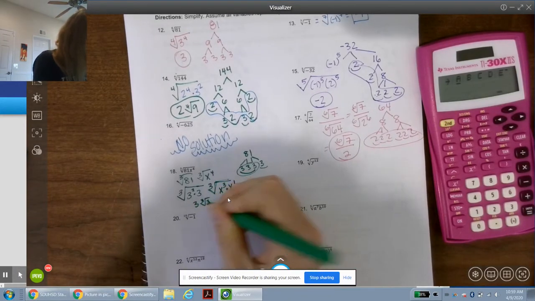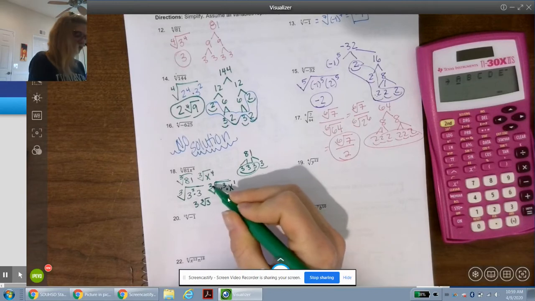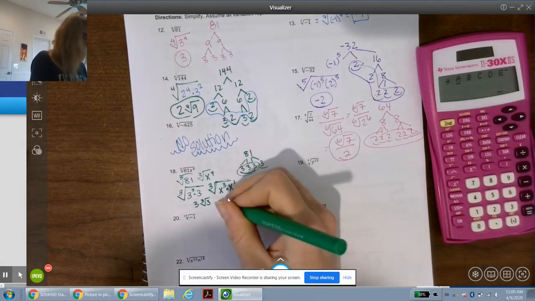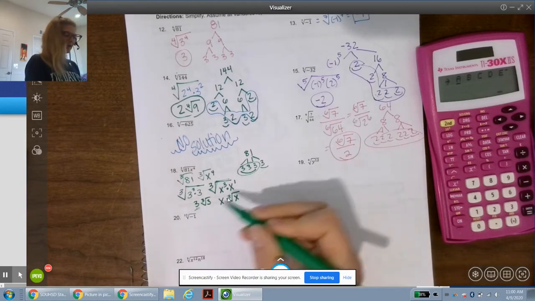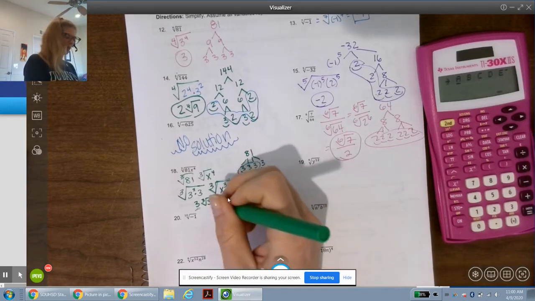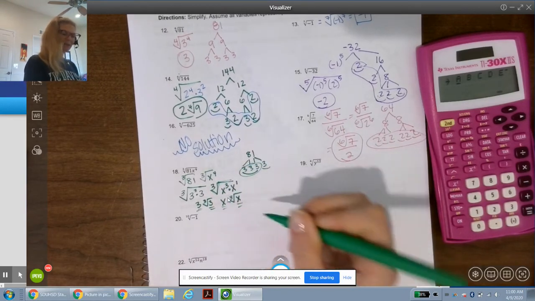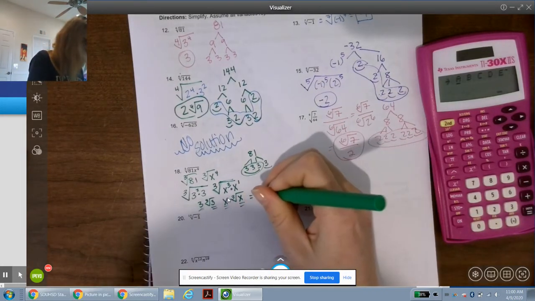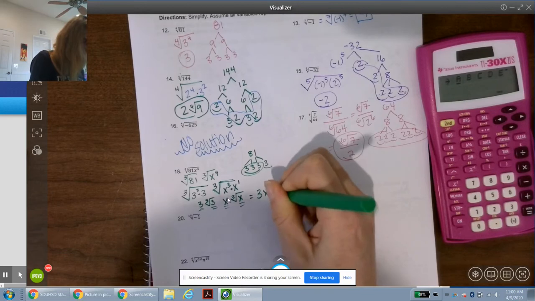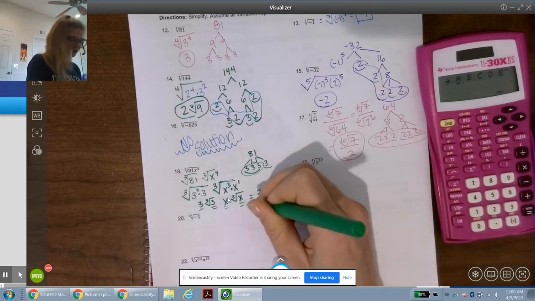That 3 stays inside. x cubed, 3 divided by 3 is 1. Pull out the x, and that x stays inside. Numbers on the outside times numbers on the outside. Numbers on the inside, numbers on the inside. Simplify, simplify, simplify that radical. Okay, so this is 3x cube root 3x. It's a deja vu problem.